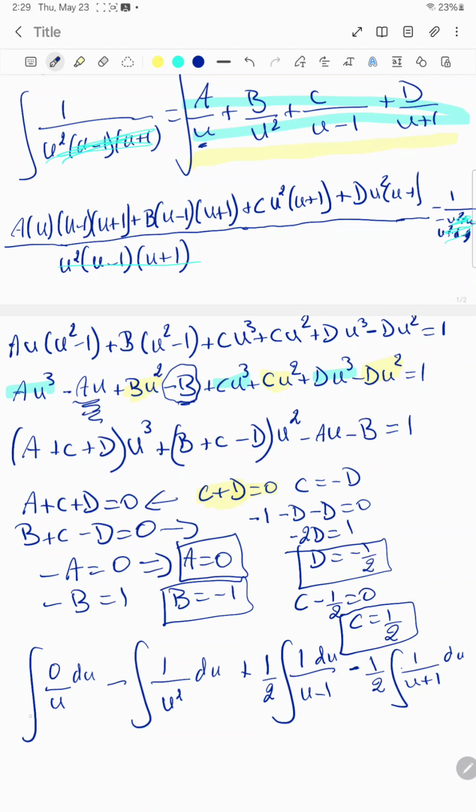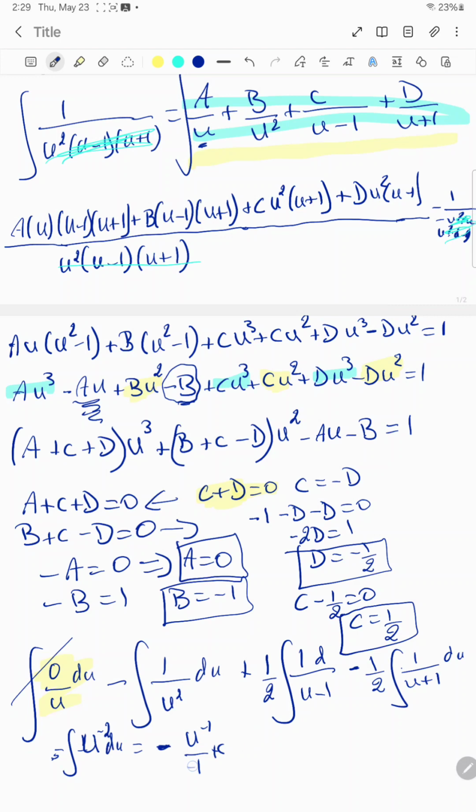Perfect. So I take the first integral here. I will take that integral here. 0 times du is 0, divided by u is 0, and the integral of 0 is 0. So that does not count. I cross it out. And the second integral, minus 1 over u square, I can write it u to the power minus 2 du. And that is equal minus, I have to put it here, u minus 1 divided by minus 1 plus c. Yeah?